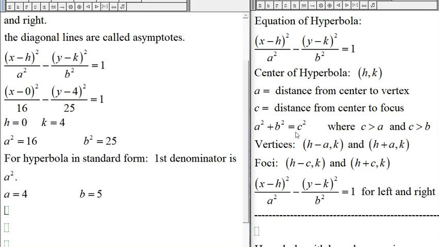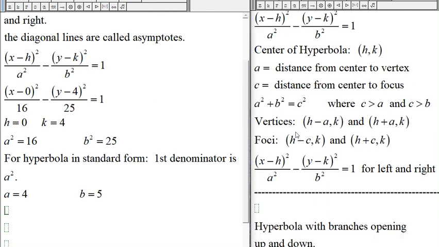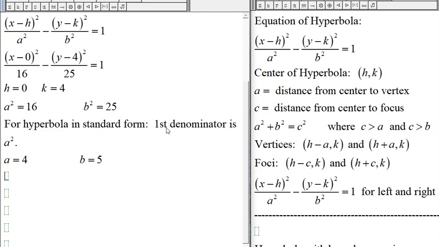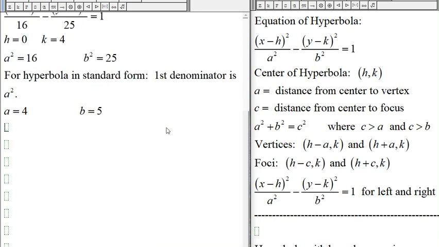And then c is the distance from center to focus. We have a squared plus b squared equal to c squared.